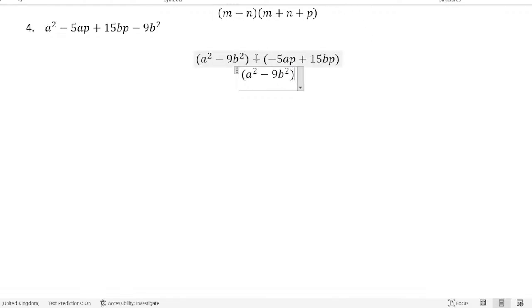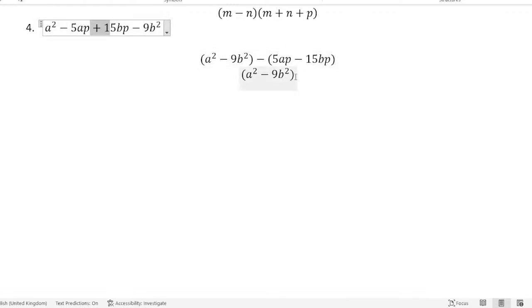So here we'll have a negative, because a positive multiplied by negative is going to be a negative. Then we remove this one. Remember, a negative times positive 5 is going to give you negative 5. A negative times a negative 15 is going to give us positive 15. That's why I have a negative here.